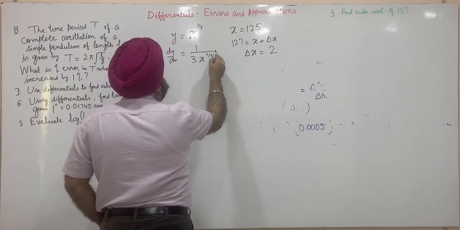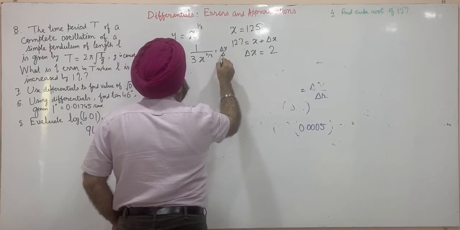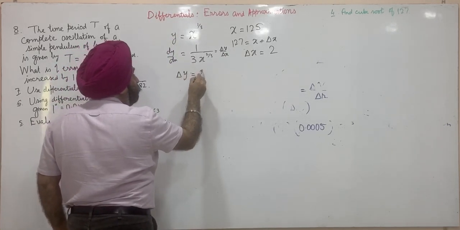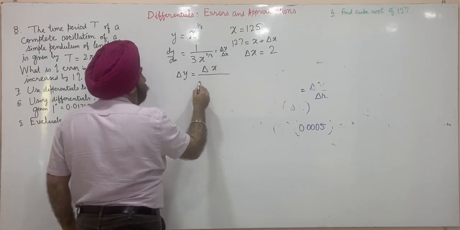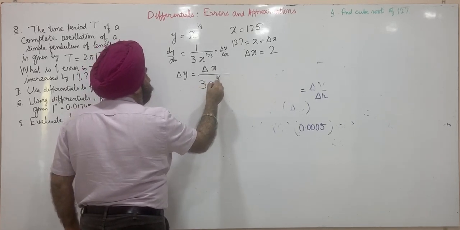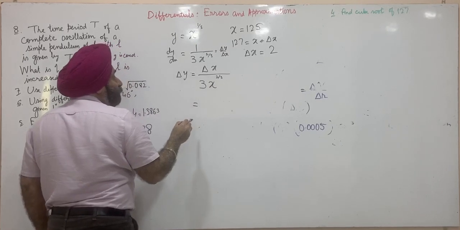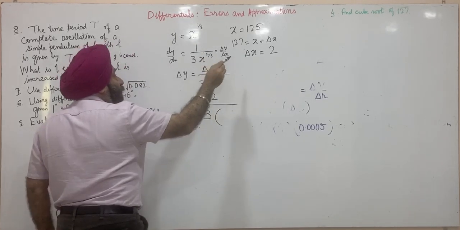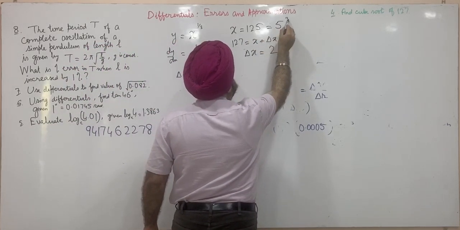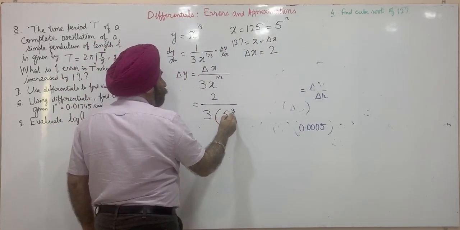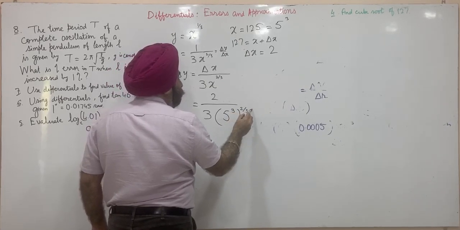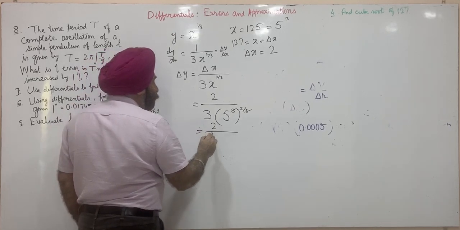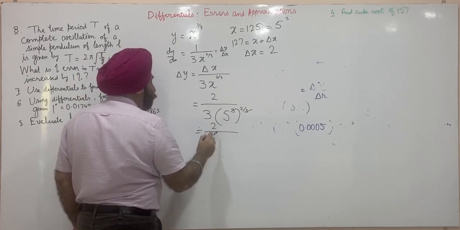dy by dx is the same as delta y by delta x. Let's find delta y from this. It's delta x upon 3 into x raised to 2 by 3. Substitute values. Delta x is 2, x is 125, and 125 is 5 raised to 3. So we write 5 cube raised to 2 by 3. That's 2 upon 25 into 3, which is 75.